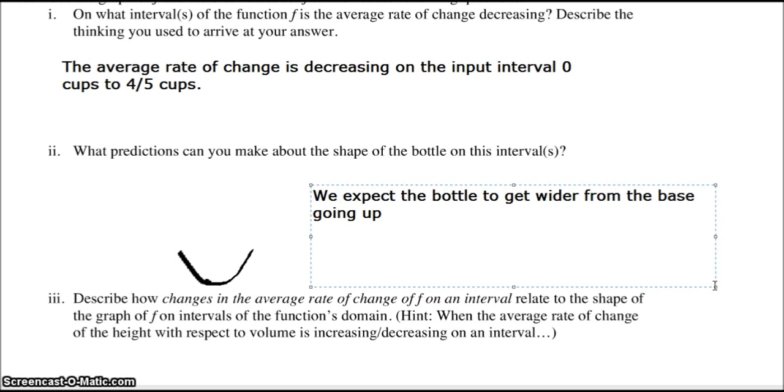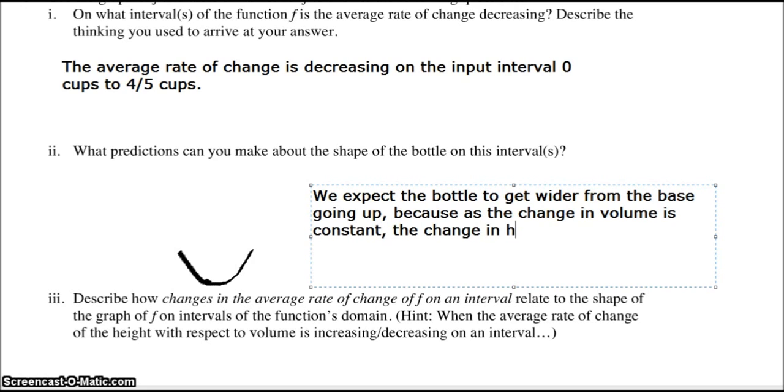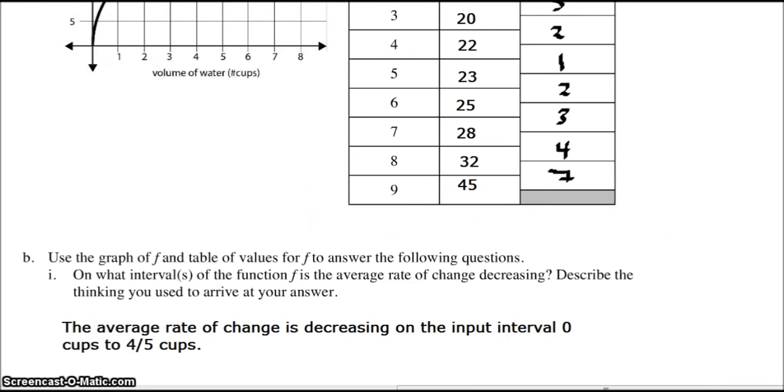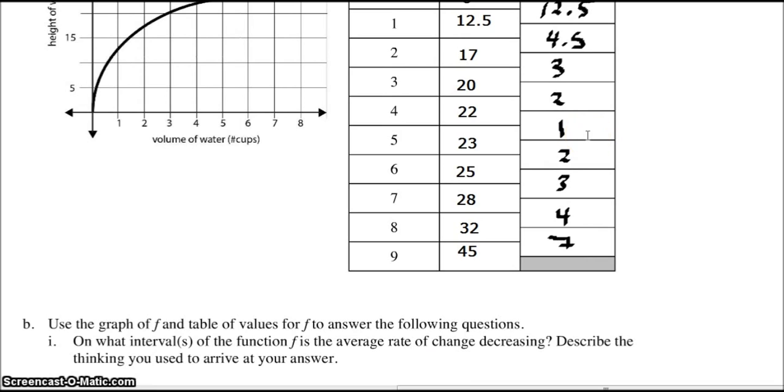Because then I think that it's going to change, and we might want to give a reason: as the change in volume is constant, the change in height is decreasing. So that's why we know it's getting wider. But then what happens next is that it's probably going to get skinnier because now these changes in height are increasing.